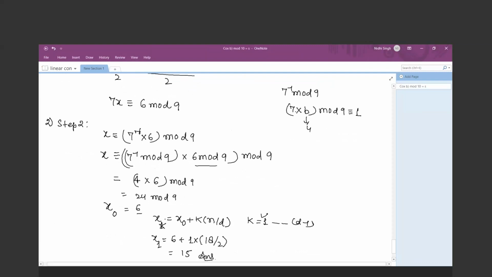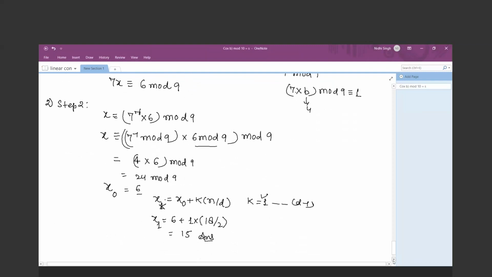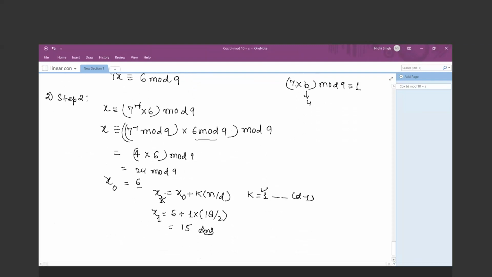Now, how can you be sure that your answer is correct? Whatever solutions you have found, that is the value of 6 and the value of 15, are they correct? In order to do that, the common technique is just to substitute in your equation. What was your equation? The equation was 14x congruent 12 mod 18.